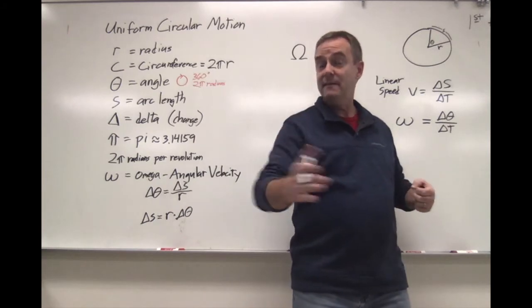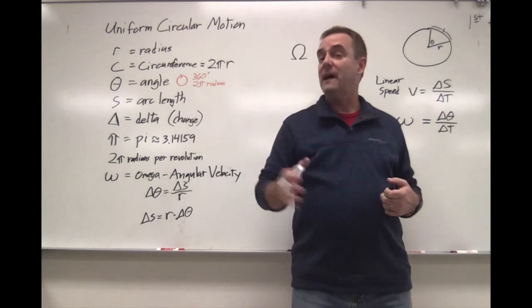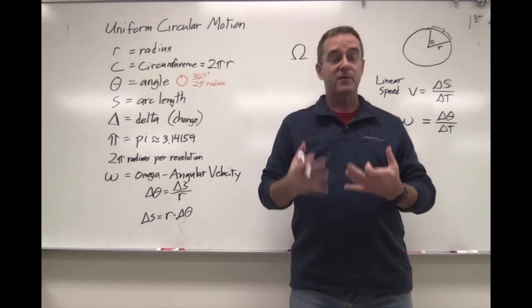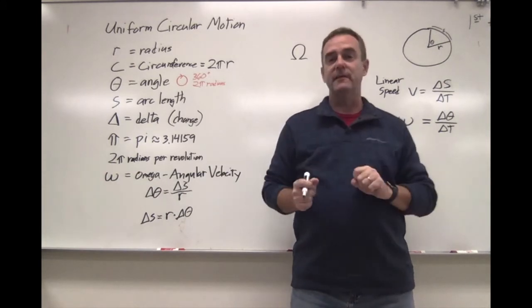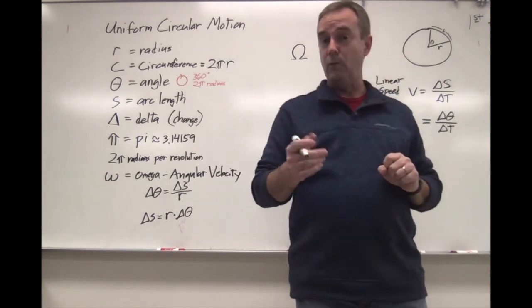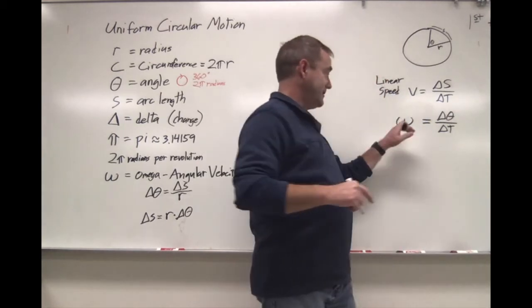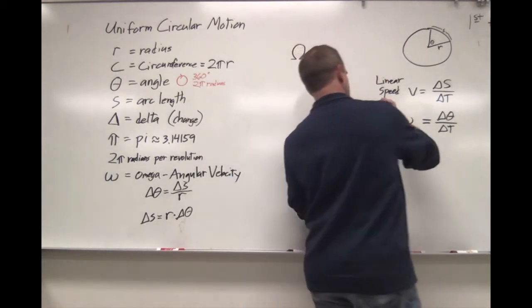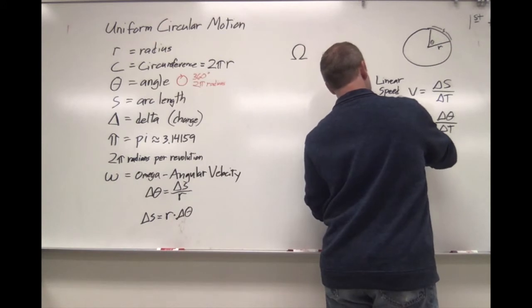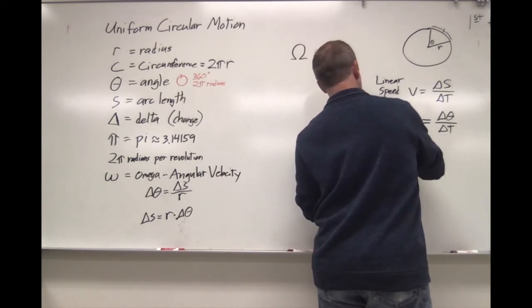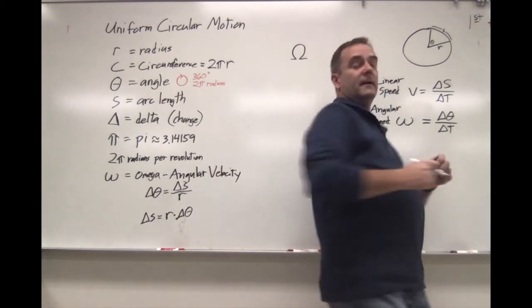It is the speed that something is moving around the outside of a circle in terms of the angular distance, which ordinarily we would say in degrees, but now we're saying in radians. That's the speed that I want, is the angular velocity. So angular, and in this case, I'm going to use the word speed just for consistency.